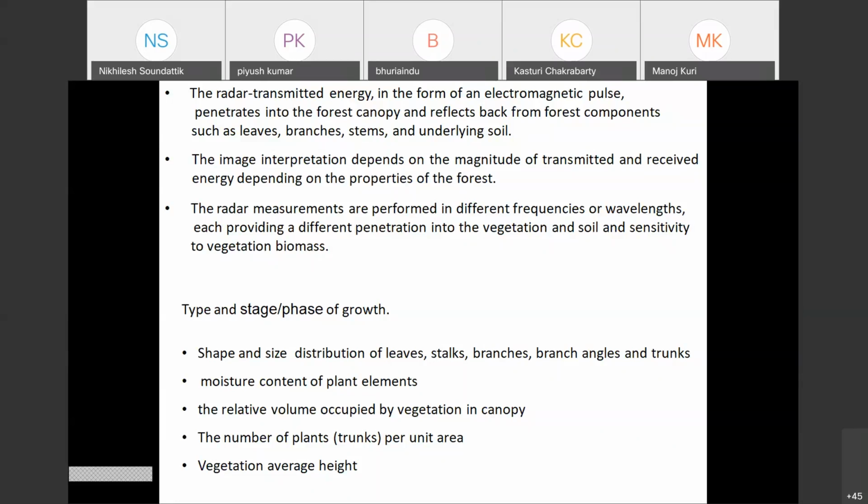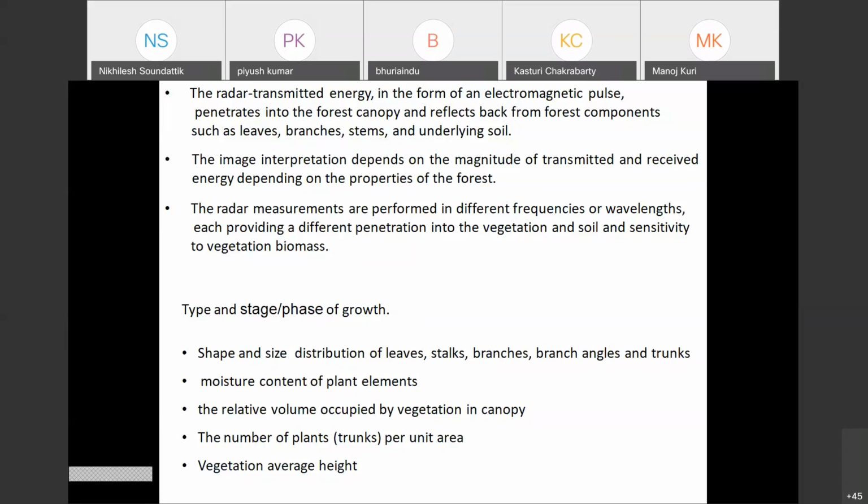Image interpretation depends on the magnitude of the transmitted energy, depending on the forest properties like the type of forest, the species composition, and the water content in the forest, and so on. Radar images are interpreted at different frequencies or wavelengths, depending on the penetration capabilities of the radar wavelengths.